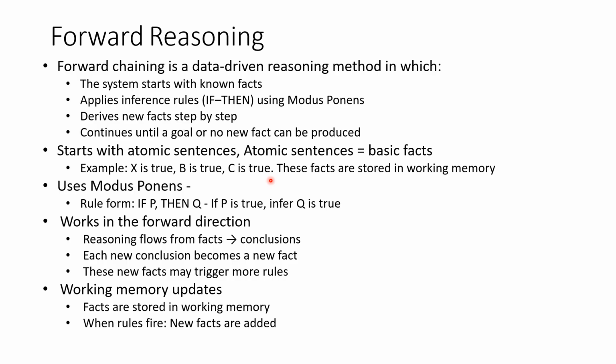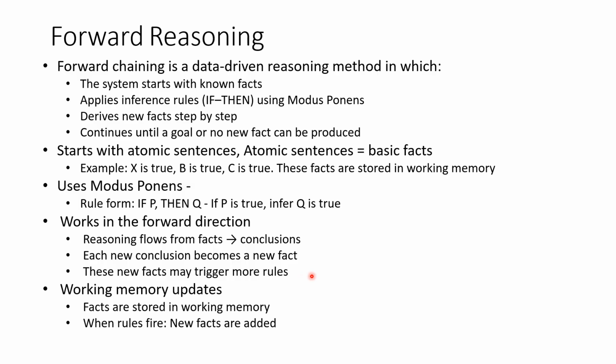So here we can simply say that we are starting from facts until we reach the conclusion. So the cycle will repeat until we reach the final conclusion. And here each new conclusion becomes a new fact, and these new facts may trigger more rules. So where will we store these new facts?